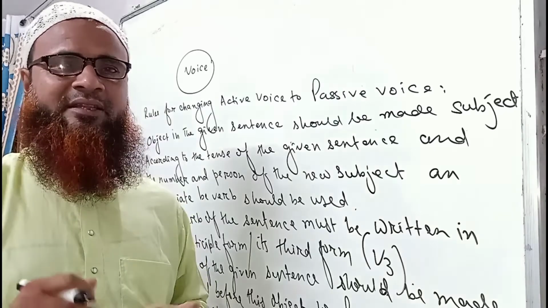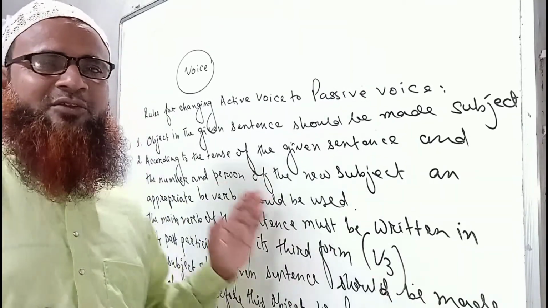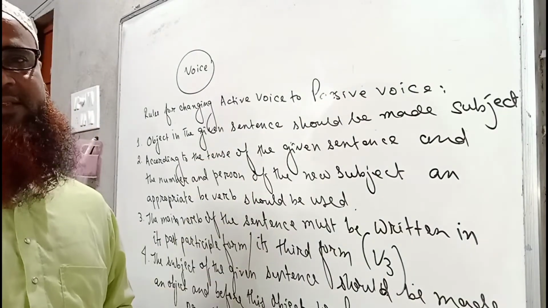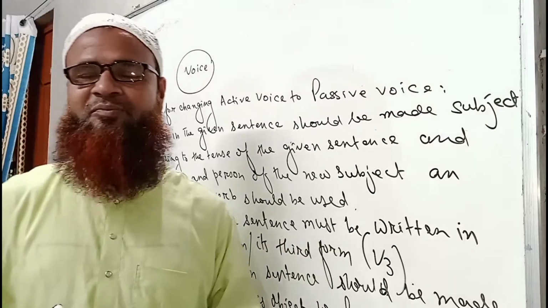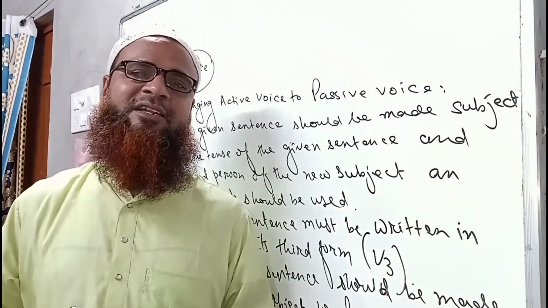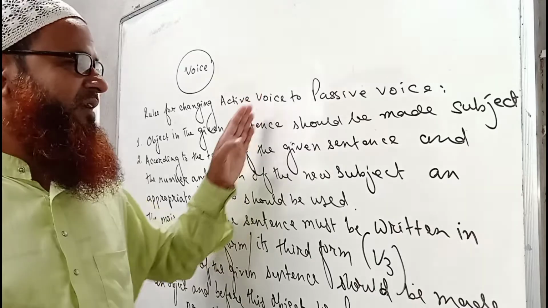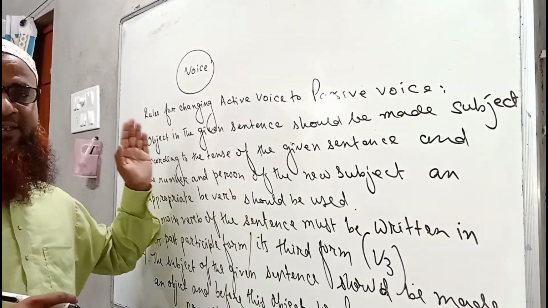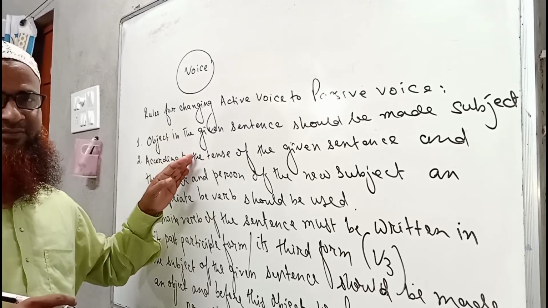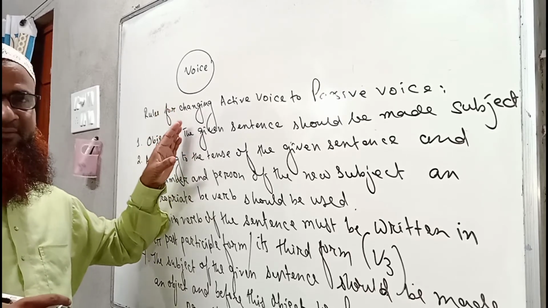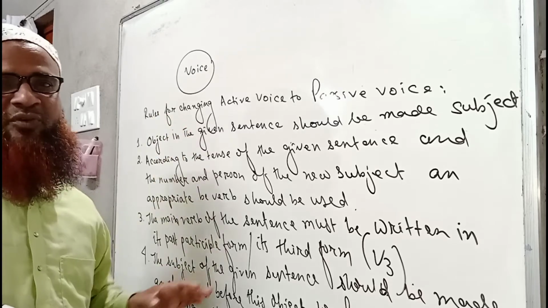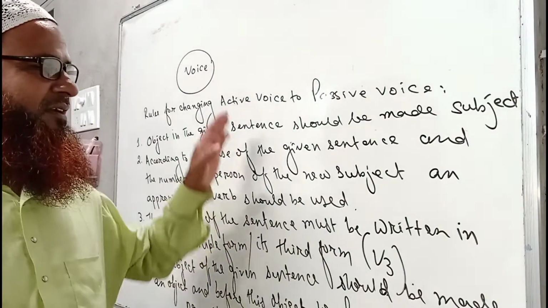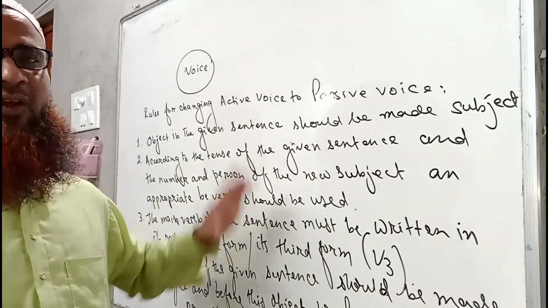So in that case, one object will be used as the subject and the other object will remain as an object, and such type of object is called a retained object in English grammar. So these are the rules of changing from active to passive voice, and we'll learn all the active and passive voice step by step in our videos.